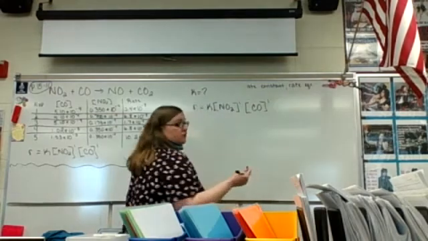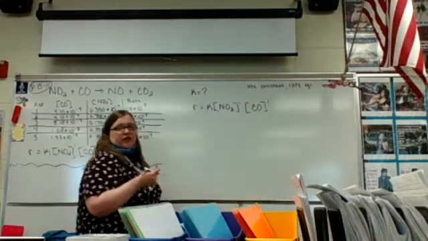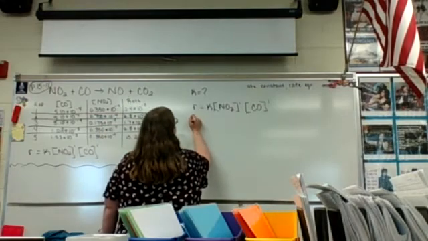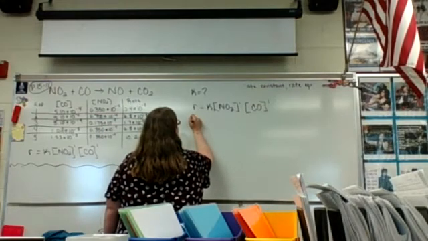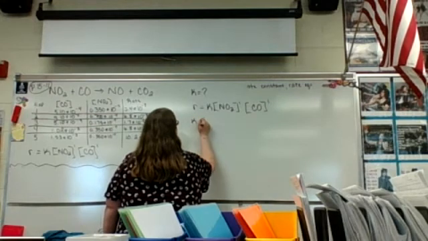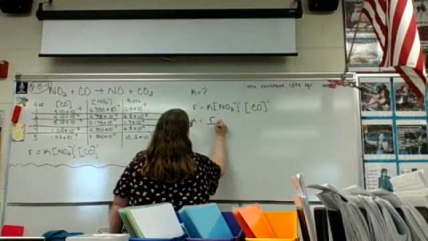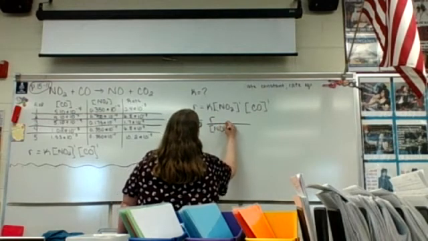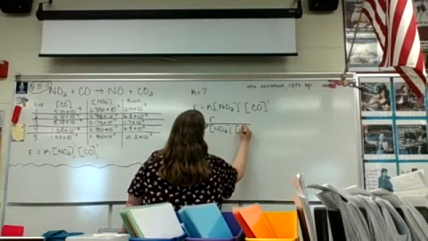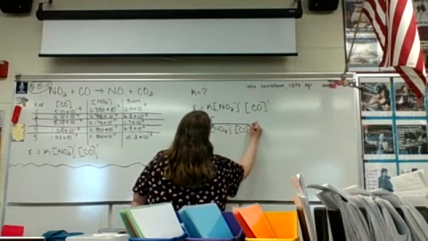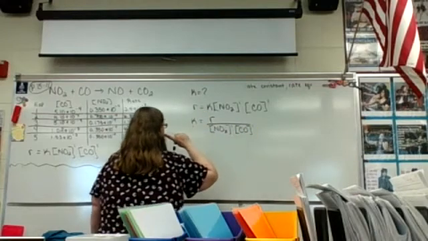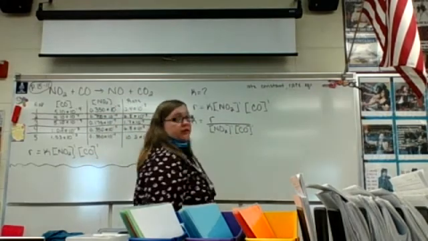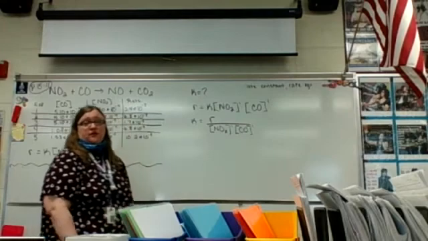Do algebra to solve for K, and we get K is going to equal the rate over the concentration of NO2 to the first times concentration of CO to the first. And now all we have to do is just plug in numbers from one of our experiments that we want to try.